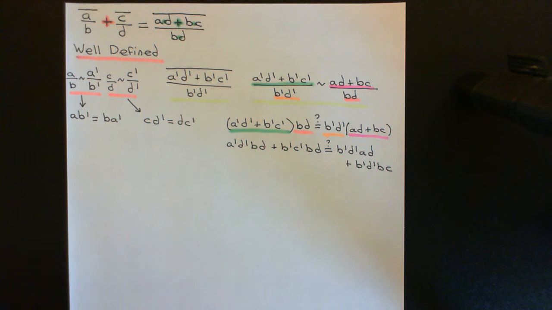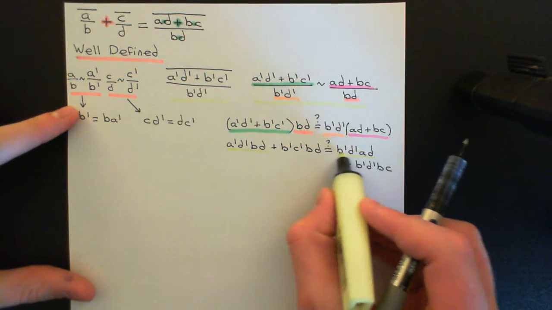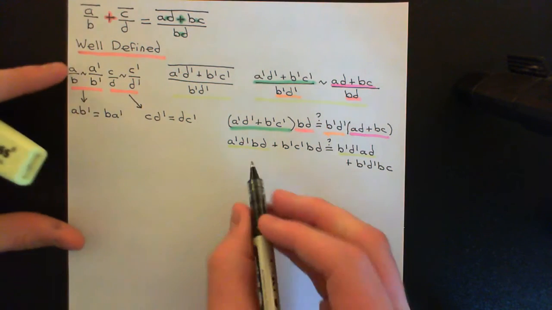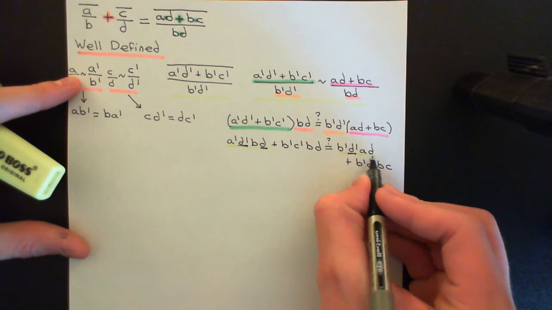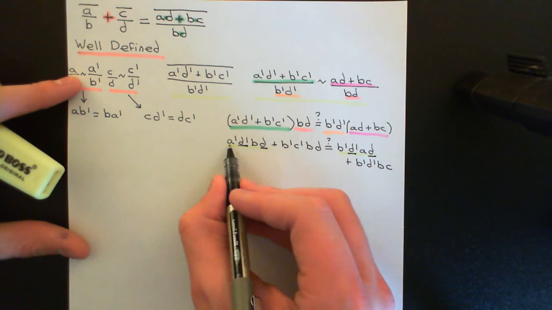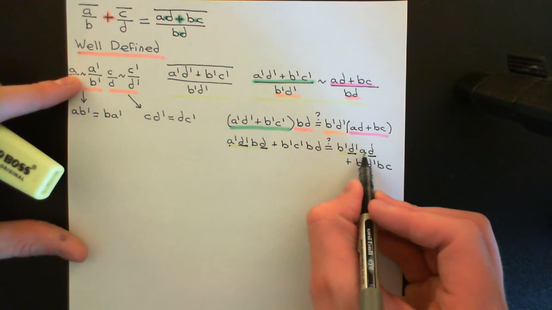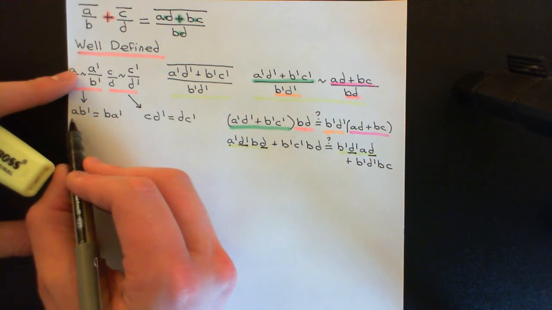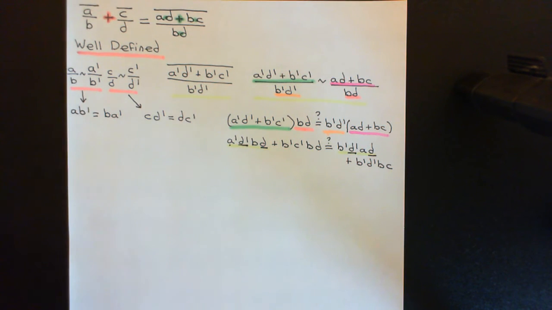Well, look at this portion here, and look at this portion here. Okay, both of those look very similar. D prime and D, both of them have D prime and D in. The difference is that this one has A prime times B, and this one has B prime times A, but look, A prime times B is this side here. Okay, so I'll just get some more colours here.